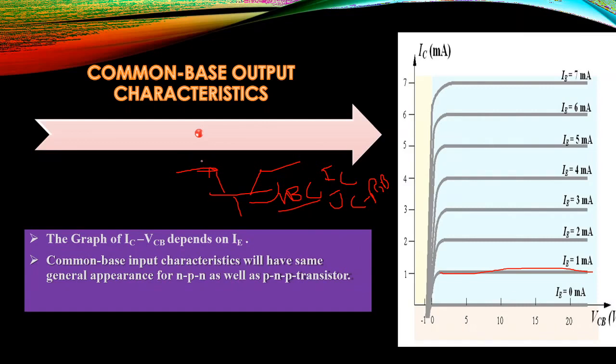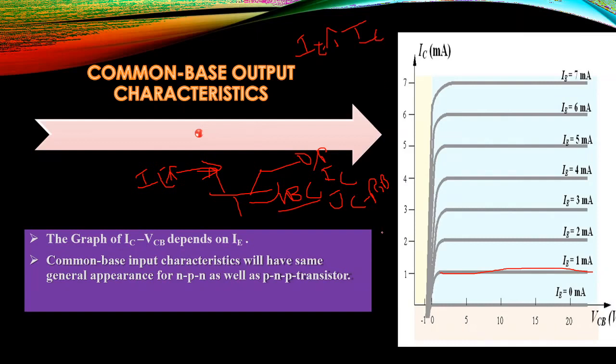Next one, till now the IE current has been fixed. If I increase the IE current, what happens to the IC current? Input is increasing, so the output is also going to increase. So whenever the IE current is increasing, the IC current also increases.